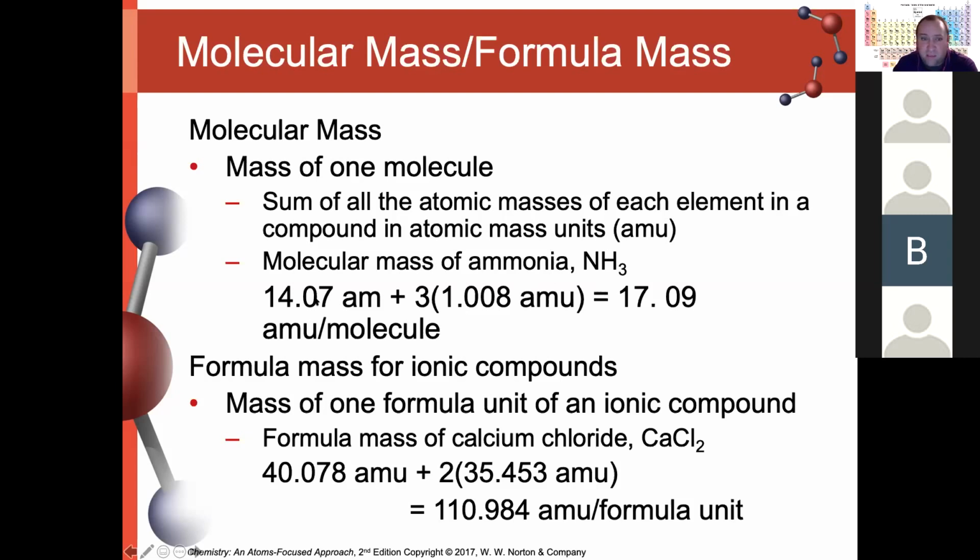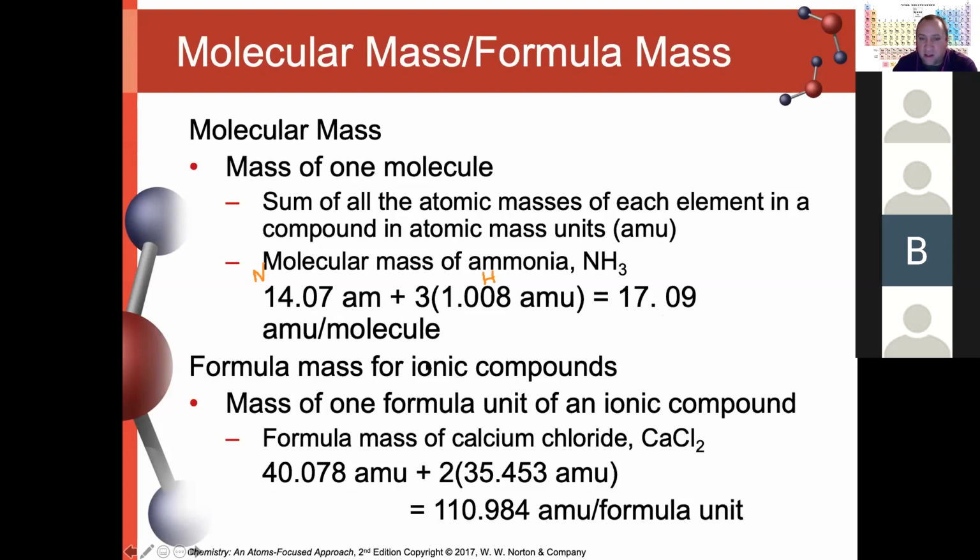So if I take the mass of the nitrogen atom, which is this 14.07, and the mass of three hydrogen atoms, each one being 1.008, then putting these together, the overall mass of the molecule would be 17.09 AMUs.